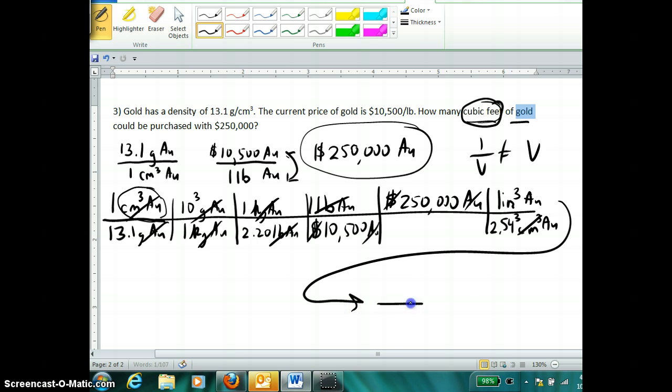If I continue down here where there's more room, I need to cancel inches cubed and replace it with feet cubed. And 1 cubic foot of gold would equal 12 cubed, or 1,728 inches cubed of gold. Inches cubed in the denominator will cancel inches cubed in the numerator.